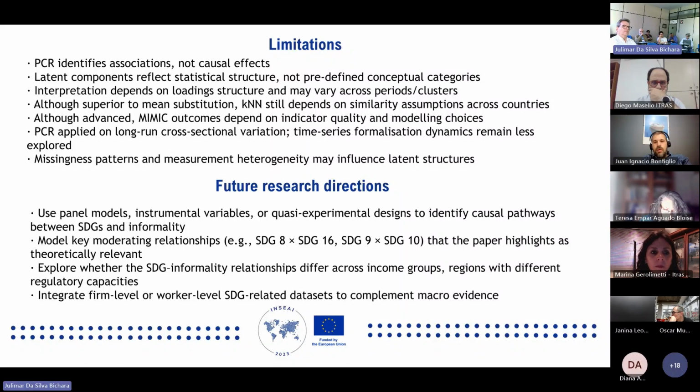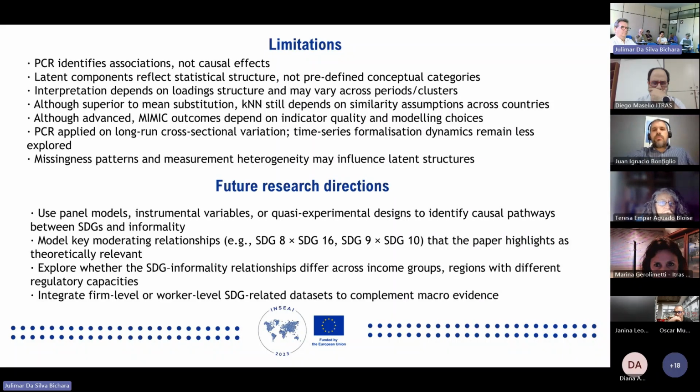There is some heterogeneity in the data that we didn't take into account. In terms of future research directions, we would like to use panel models and some instrumental variables. We can also model key moderating relationships.